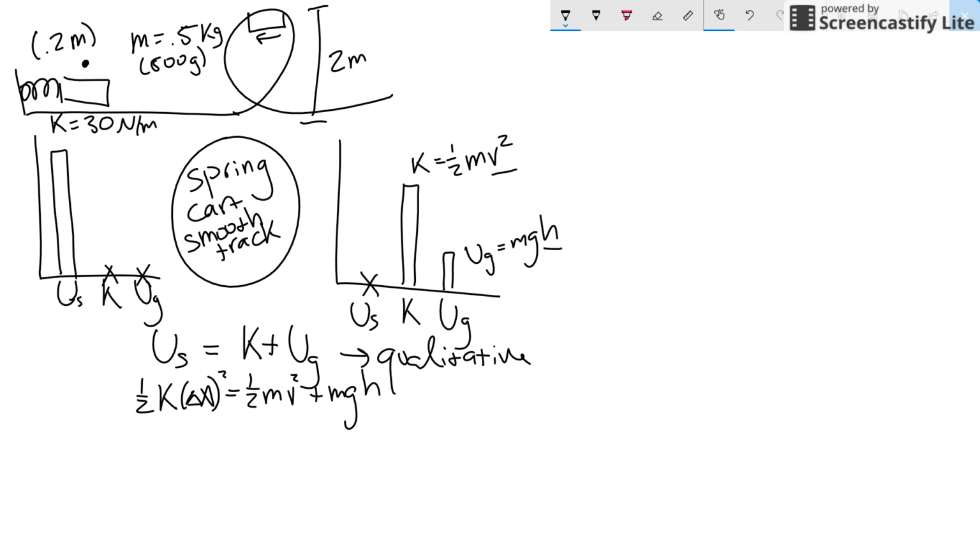All right, let's do the algebra first and solve for velocity. I want to isolate velocity, so I need to subtract away mgh first from that side of the equation, and then divide away anything multiplied by v squared. So let's subtract first.